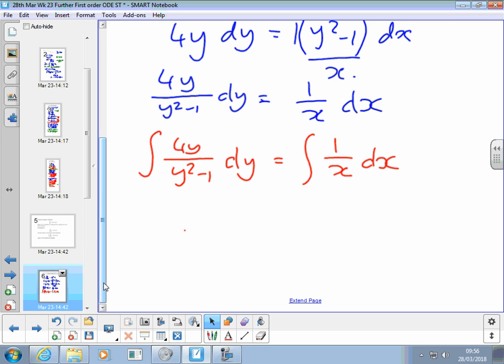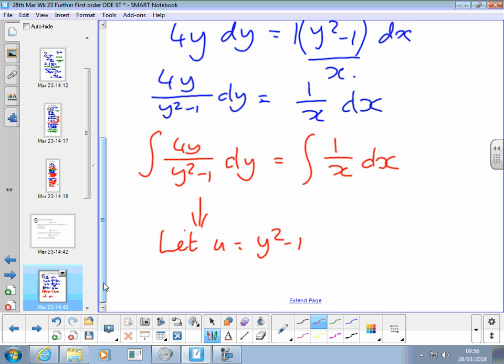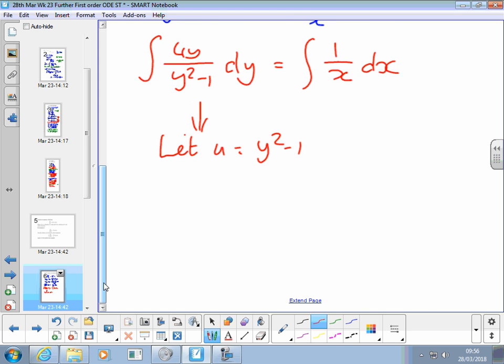Can we do substitution? So doing this bit, let u equal y squared minus 1. We're only doing this side at the moment.